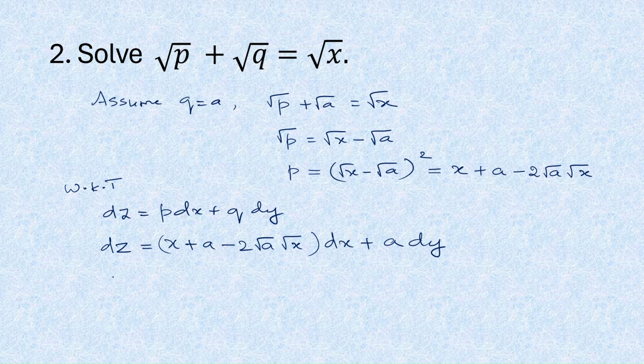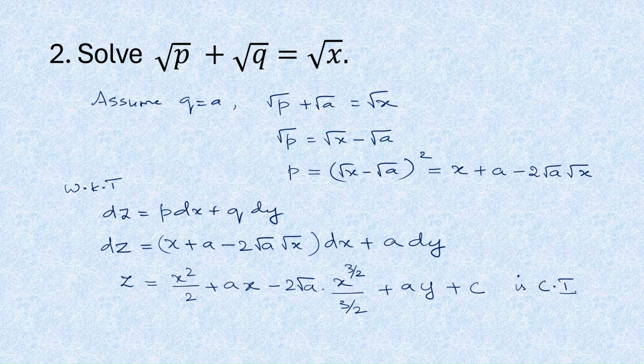So integrating on both the sides, we get z equal to integration of x, which is x square by 2. Here a is constant, so ax, minus 2 root a into integration of x to the power 1 by 2, which is x to the power 3 by 2 divided by 3 by 2, plus a into y plus some arbitrary constant c. So this gives you the complete integral.